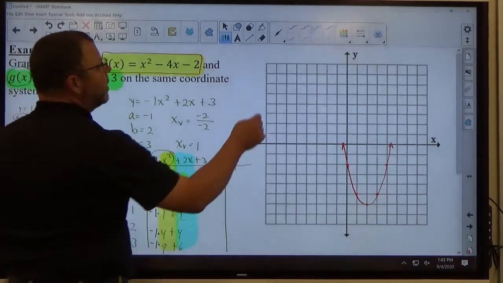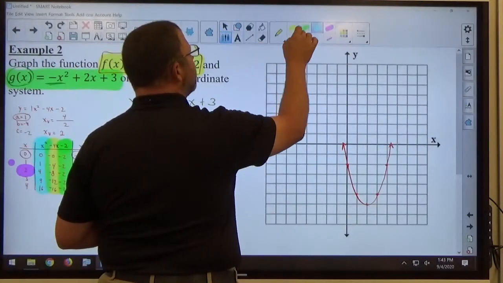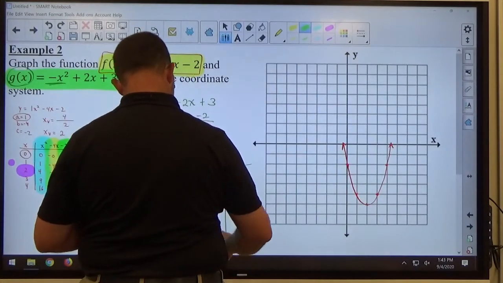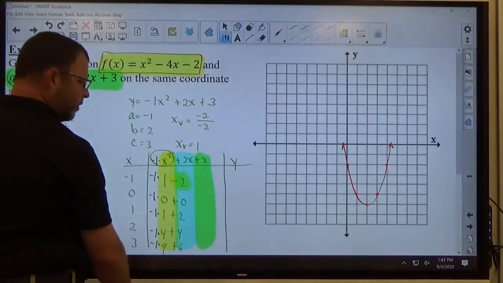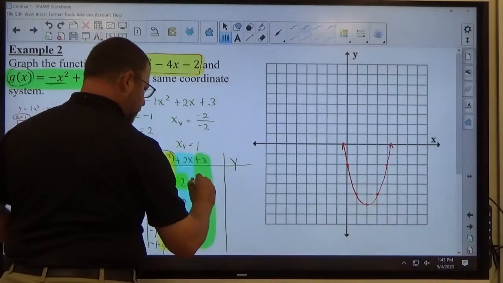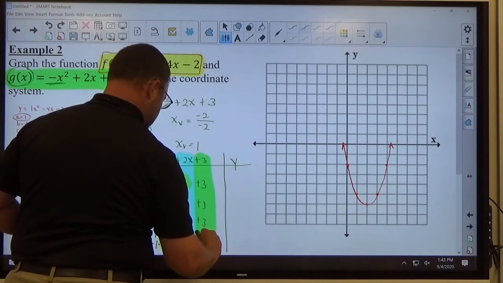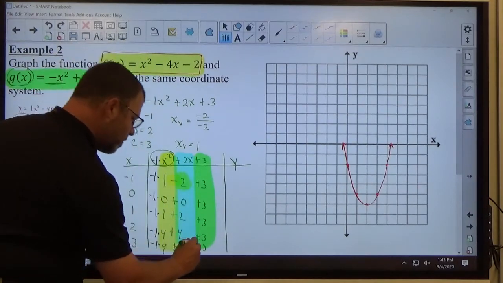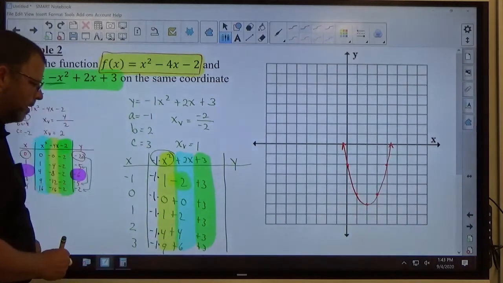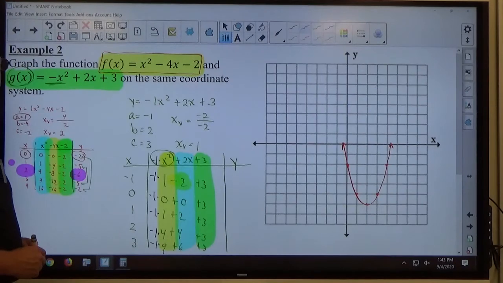And then we have our constant term, which is plus 3, which means everywhere along that is going to be plus 3. So plus 3, plus 3, plus 3, plus 3, plus 3. All right.